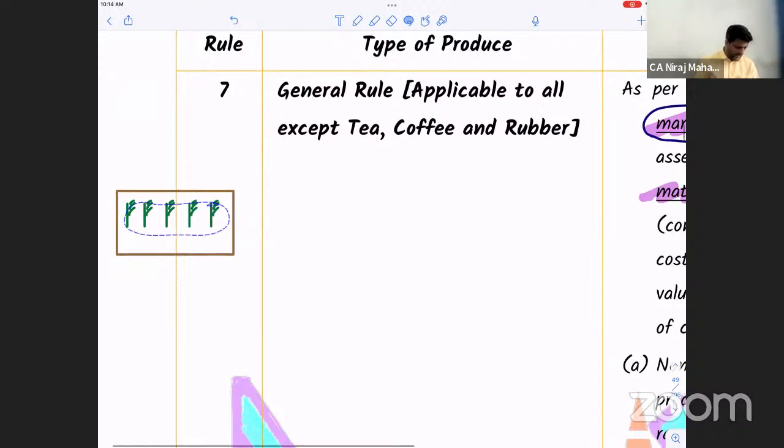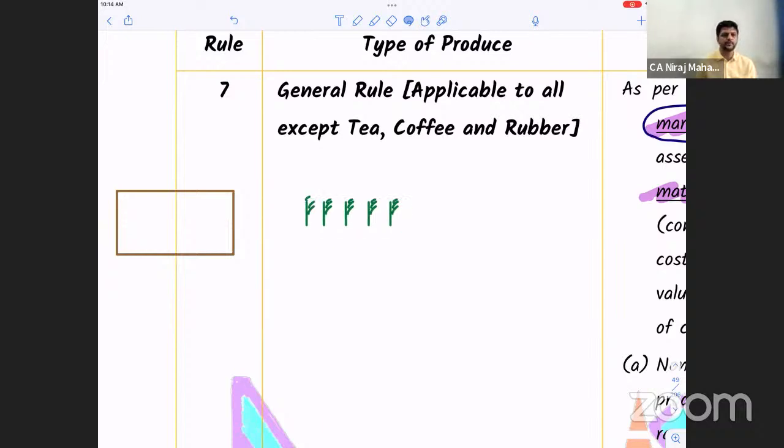So you have grown it. There is an expenditure, and obviously there is also a market value to this product. That means if I do not manufacture sugar, I can sell it off in the market. But am I selling it off? No. Instead of giving it to the market, I am sending it to my factory.